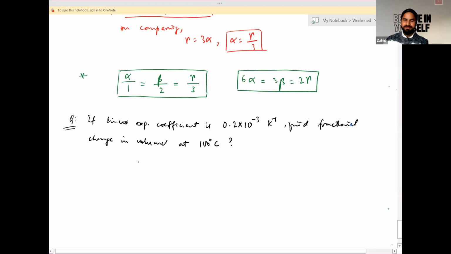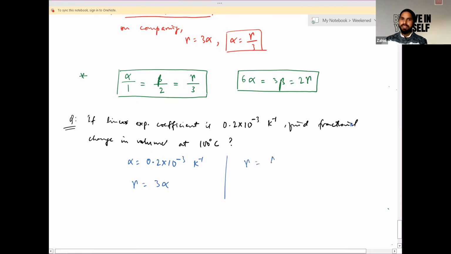We have alpha. So alpha is 0.2 into 10 to the power minus 3 Kelvin inverse or Celsius inverse. So for change in volume, we have to define gamma. So gamma equals 3 times alpha, according to the relation we have derived. Put the value of alpha in this part, you'll get gamma. Then, since in this question we have to calculate fractional change in volume, it will be nothing but delta V by V naught.